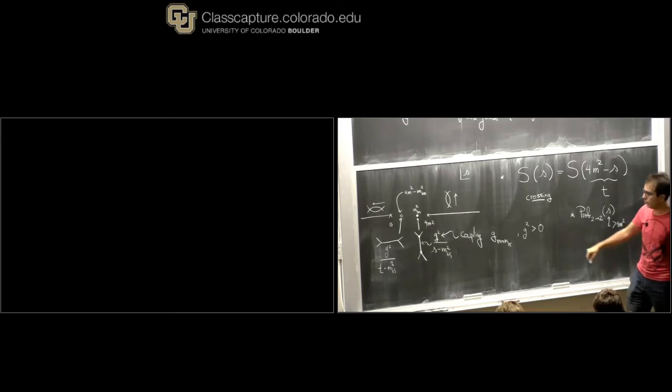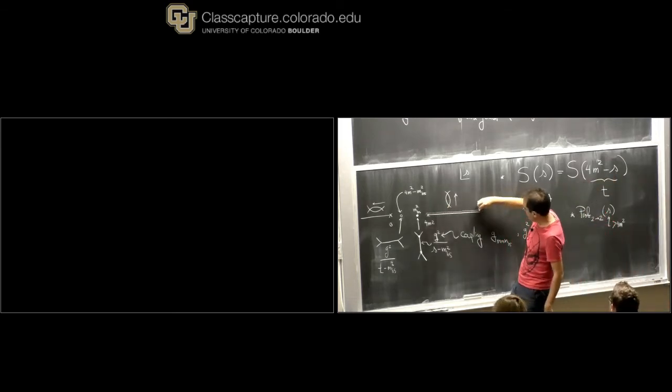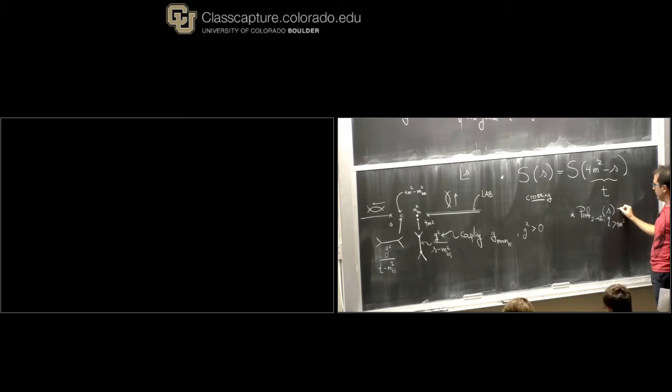In other words, when we do physics, we are here. So this line is where our lab is. This is where we do physics. We are right above 4m squared. And then what was this probability? If you remember, this probability was the absolute value of the S matrix squared.